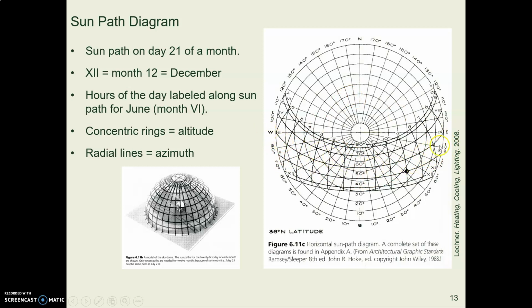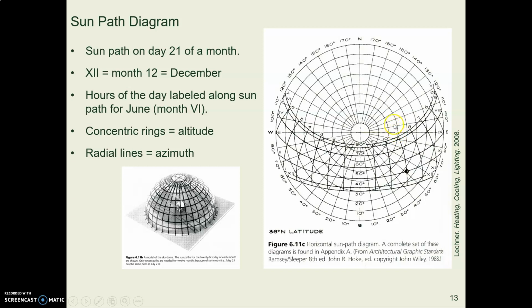Those are particular months. Then you see some sort of up and down lines. They're curved, but they're up and down. And across the top, what happens to be the line for June, you see these numbers. Those are hours of the day.